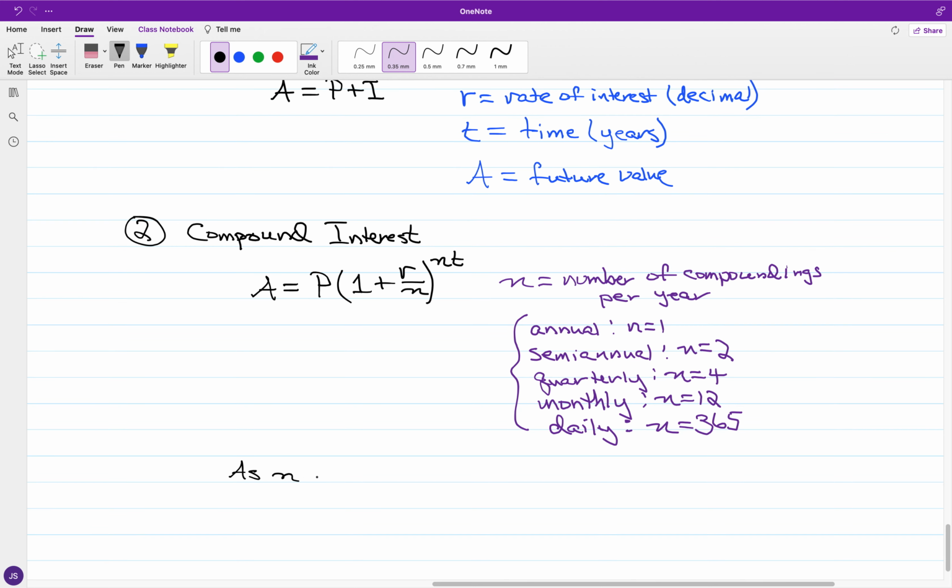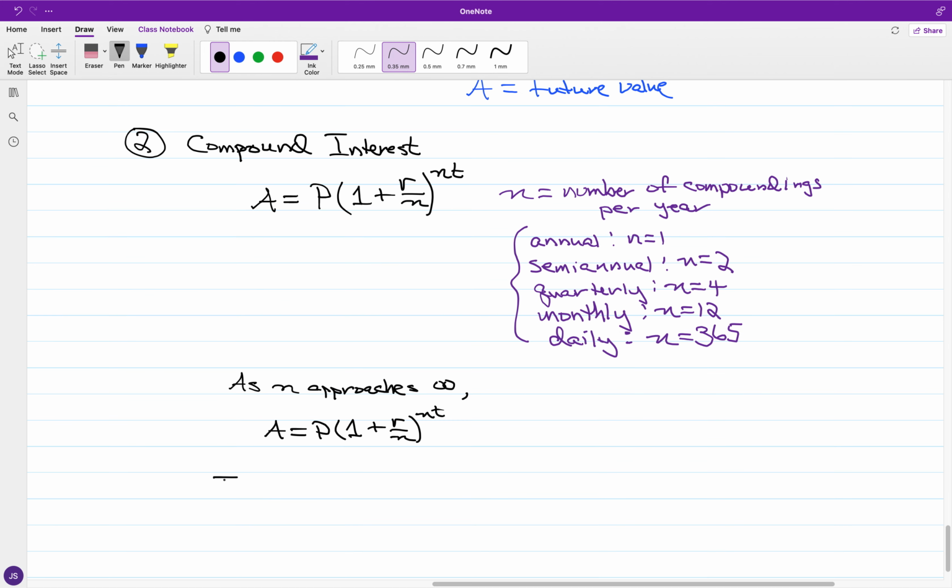Say that as n approaches infinity, what's going to happen with our formula is that interest is compounded continuously, and we have a rewrite for the formula.